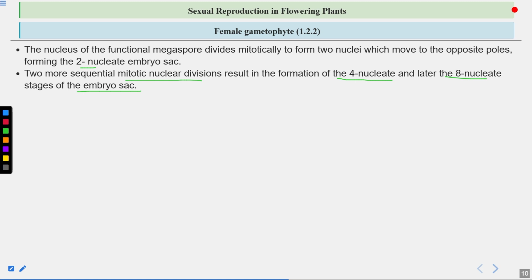No cell wall is laid simultaneously with the nuclear division.